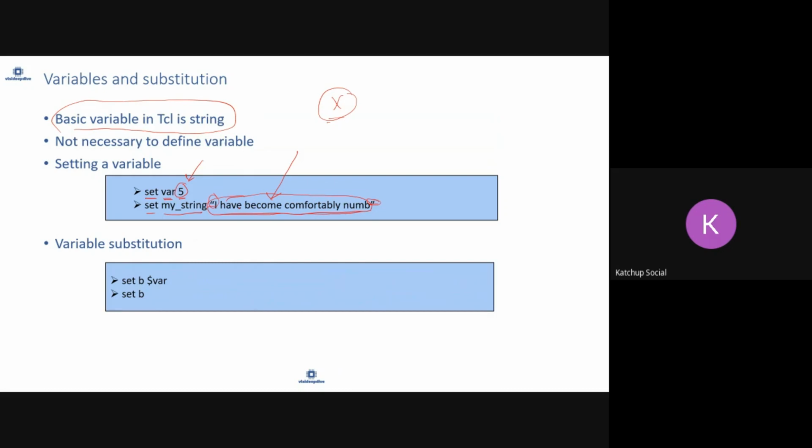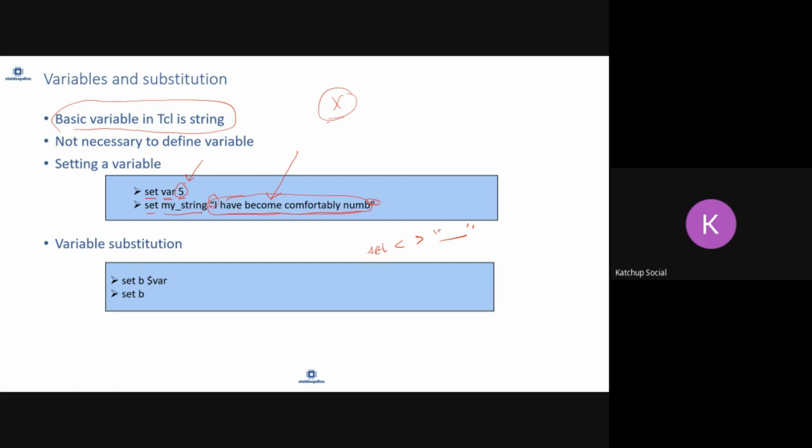So to set a variable, basically the syntax is set, name of the variable, and whatever value you want to set. Okay. Why don't you have to define a variable? No, you don't have to define what data type it is, because every data type in Tcl is a string.